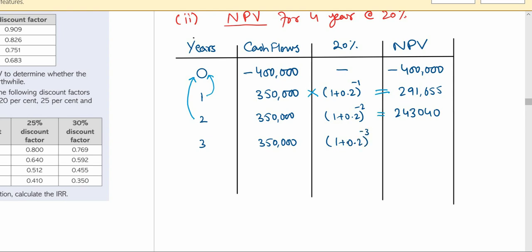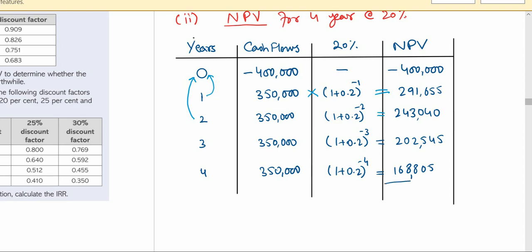Then year 4, 350,000 again, discounted for 4 years.